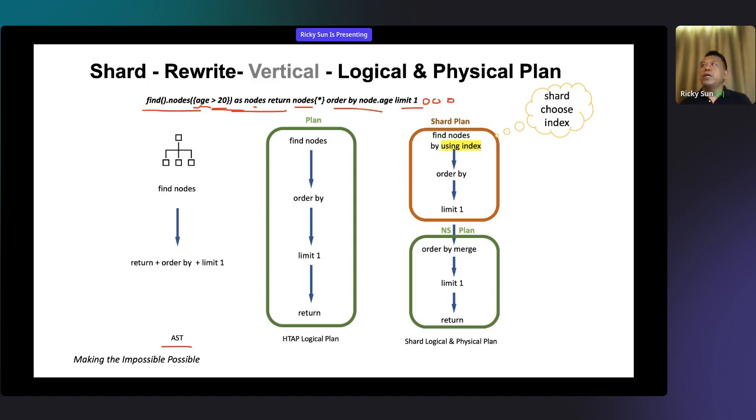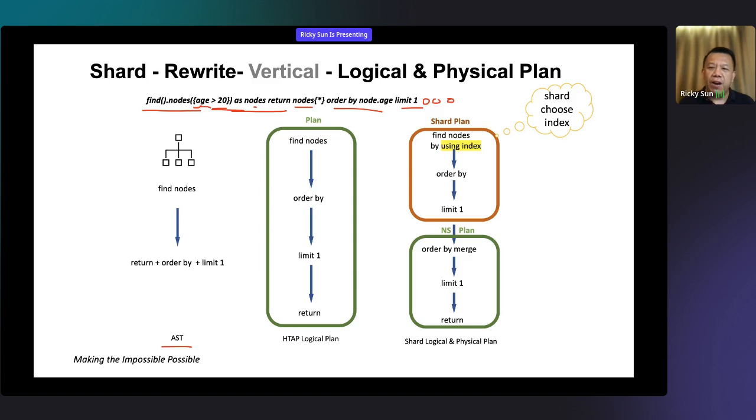So in a fully distributed setup, it will be separated into 2 major components. One is called the shard plan, the other is called the name server plan, right? Things happening on shard servers are really finding nodes, whatever available nodes, by using indexes, and you can do order by and limit.